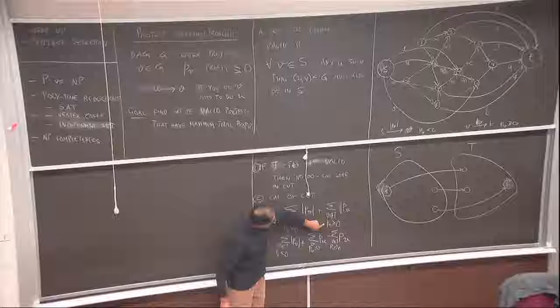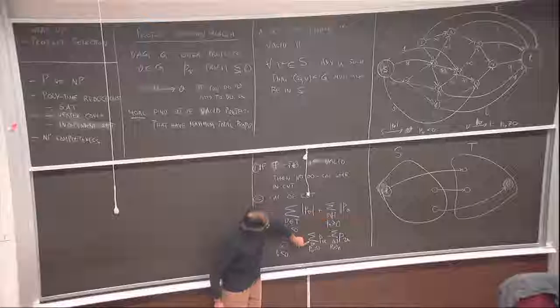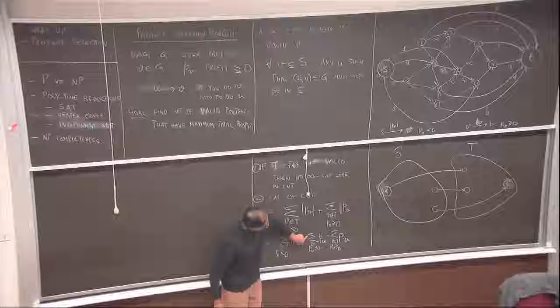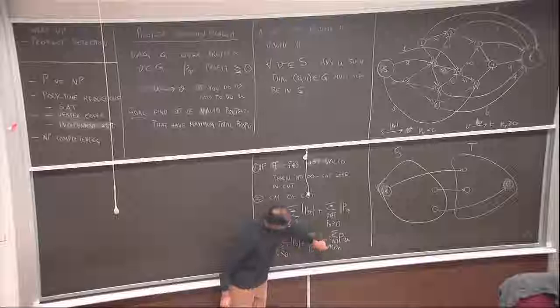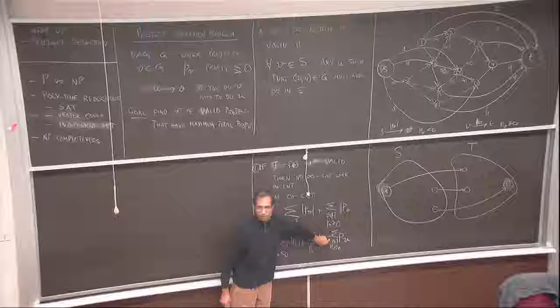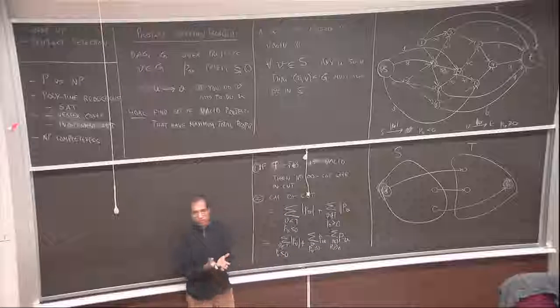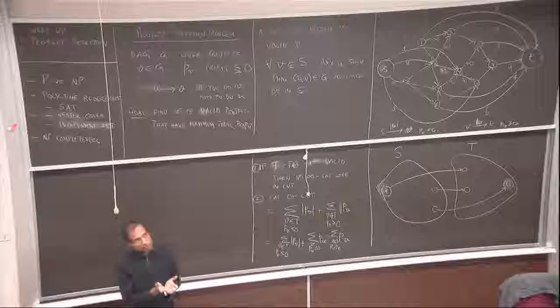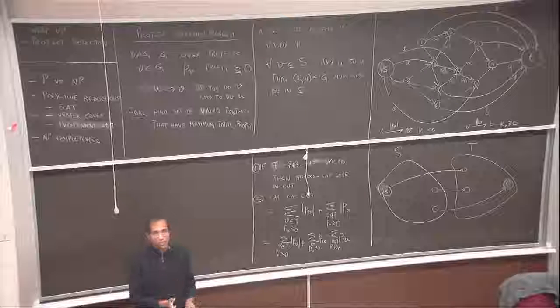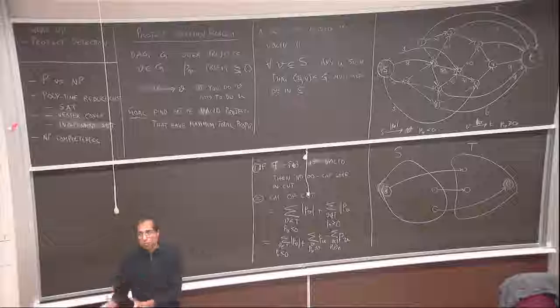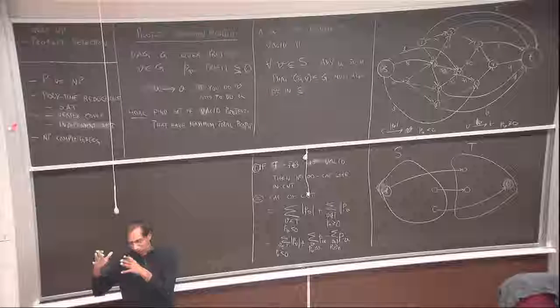All positive profit projects not in T. This is all positive profit projects minus all positive profit projects in T. You agree? So all positive profit projects not in T is the same as all positive profit projects minus all positive profit projects in T.